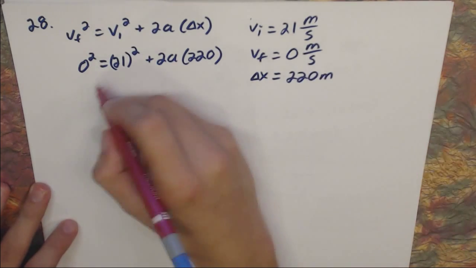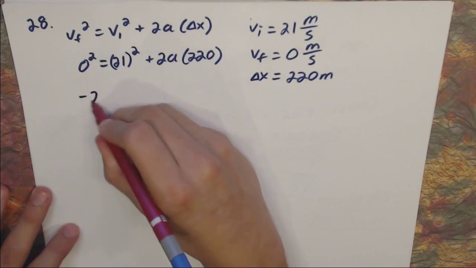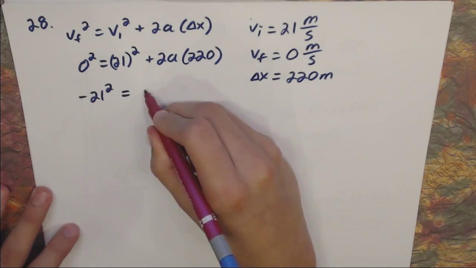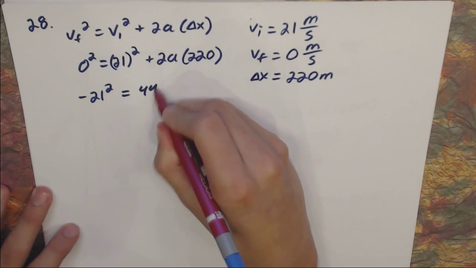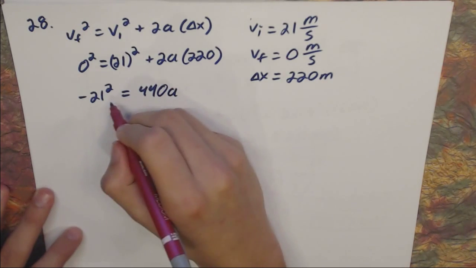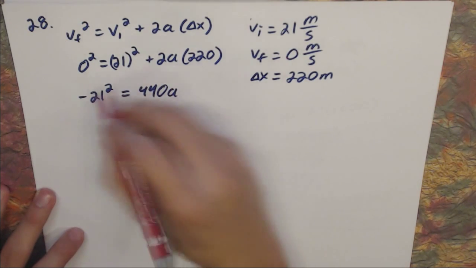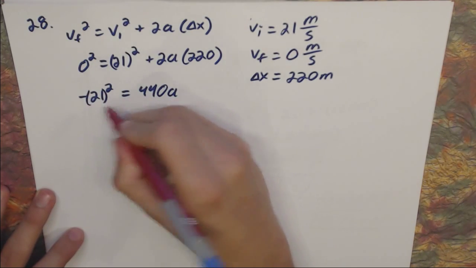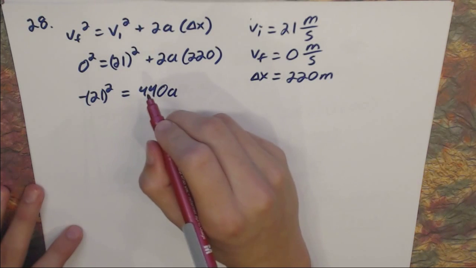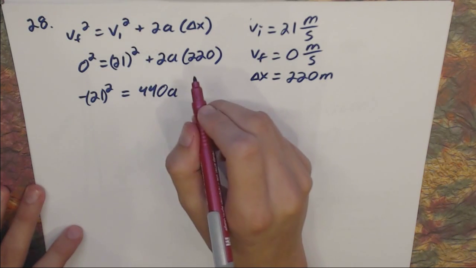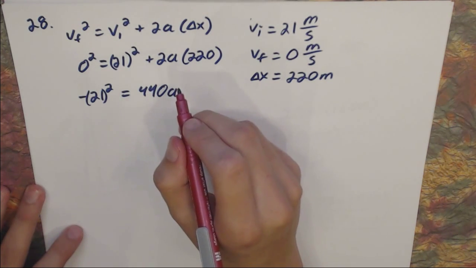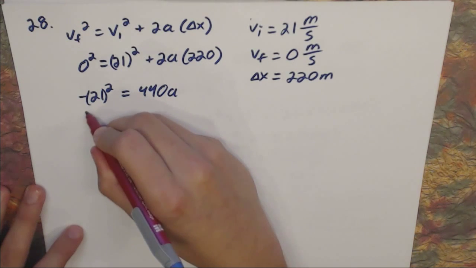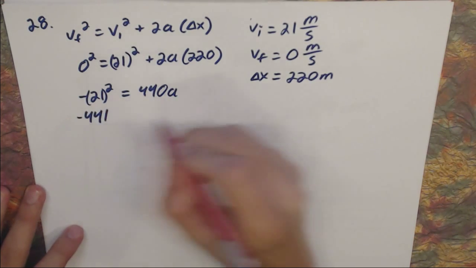So now to find our acceleration, we want to go negative 21 squared equals 440a, and negative 21 squared is, actually, I should draw that better. The negative's on the outside of the parentheses. So 21 squared is 20 times 22 plus 1, which is 441.